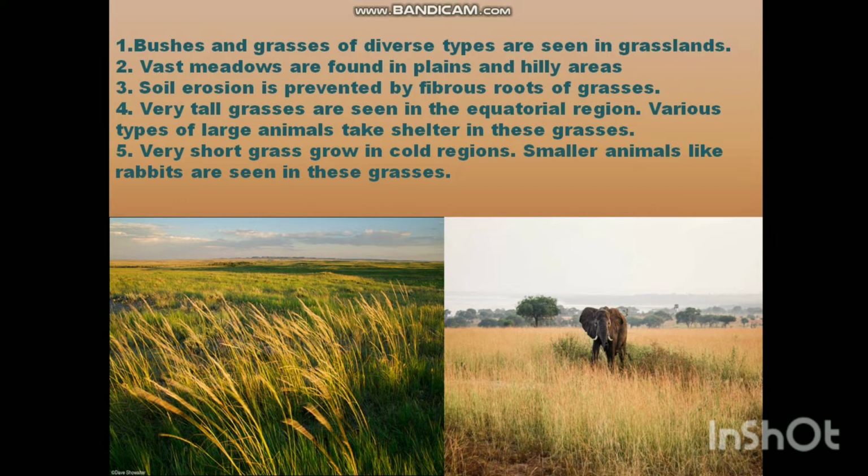Very tall grasses are seen in the equatorial region. Various types of large animals take shelter in these grasses. Very short grasses grow in cold regions. Small animals like rabbits are seen in these grasses.